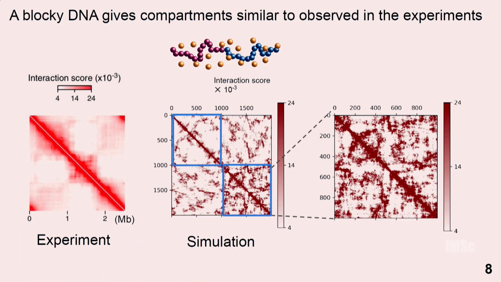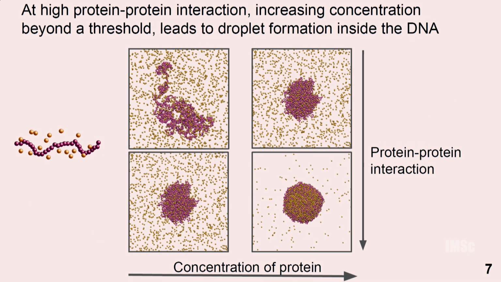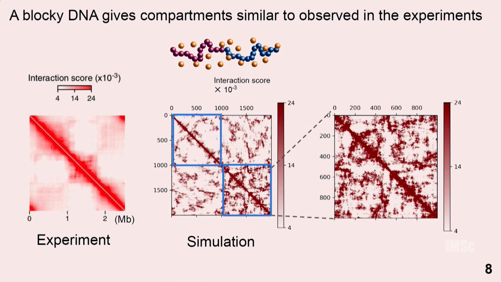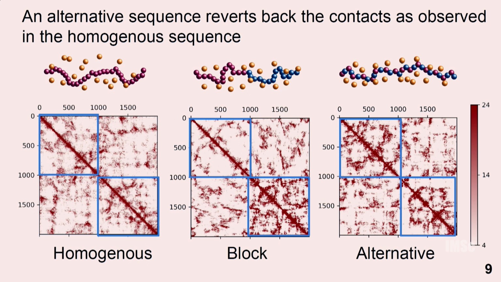Can you go to the last slide? Where we had one repetitive sequence, two blocks, and then the heterogeneity one. Is this the one? Yes, this one. Could you please explain why we observe that in the alternating case?